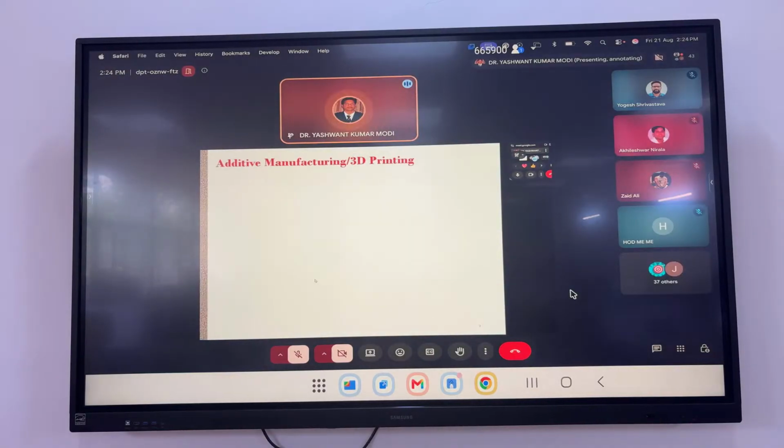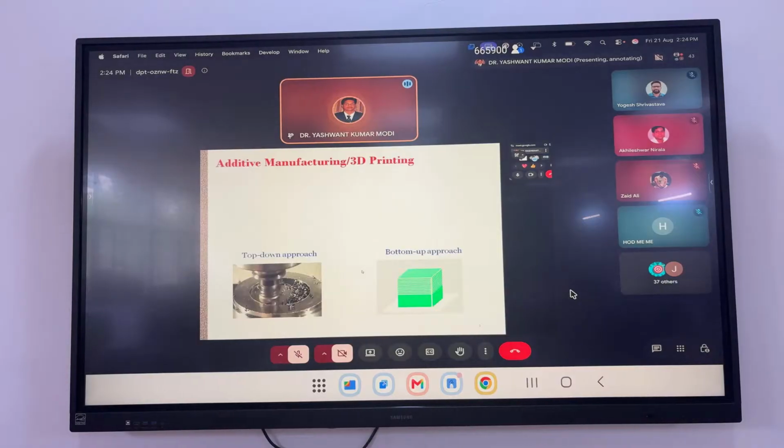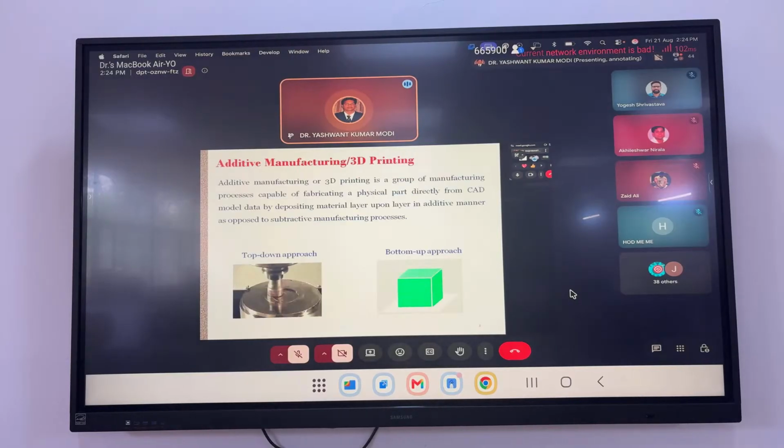Let me begin with additive manufacturing. I am sure that you might have known about additive manufacturing so far. It is a 3D printing technology that is capable of fabricating physical parts directly from CAD model data by depositing material in a layer by layer fashion, as you can see here.